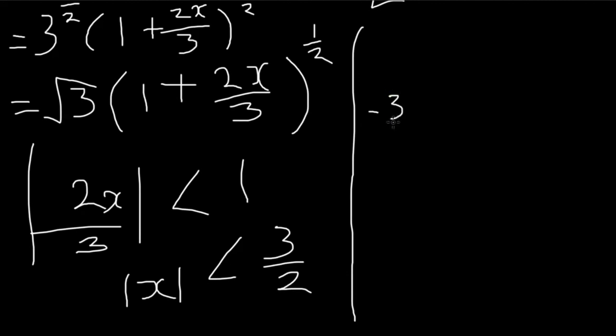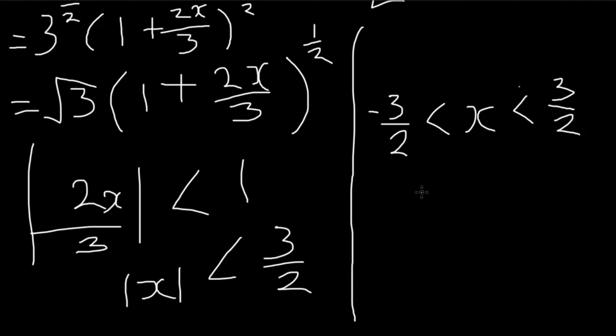So the values of x for which the expansion is valid is negative 3 over 2 less than x, which is less than 3 over 2. As simple as that.